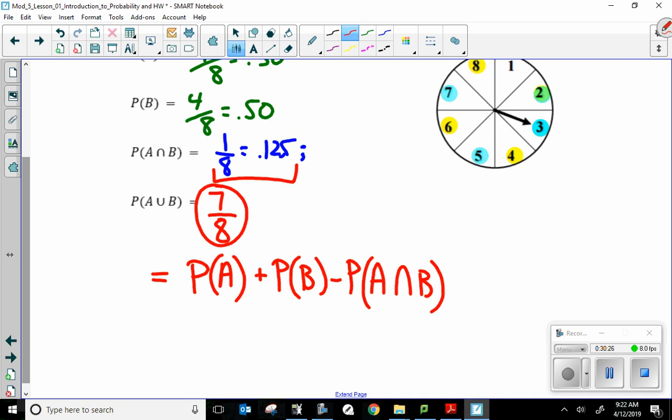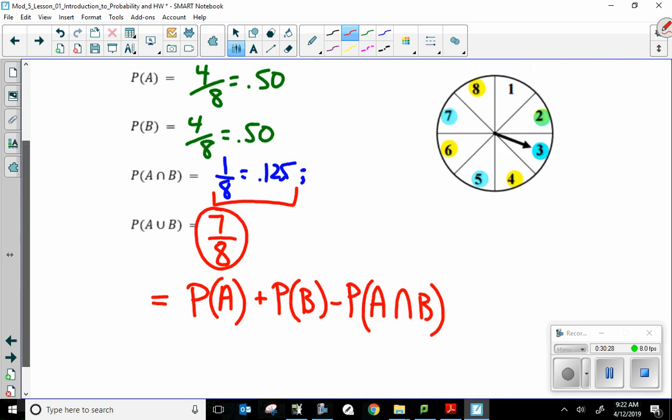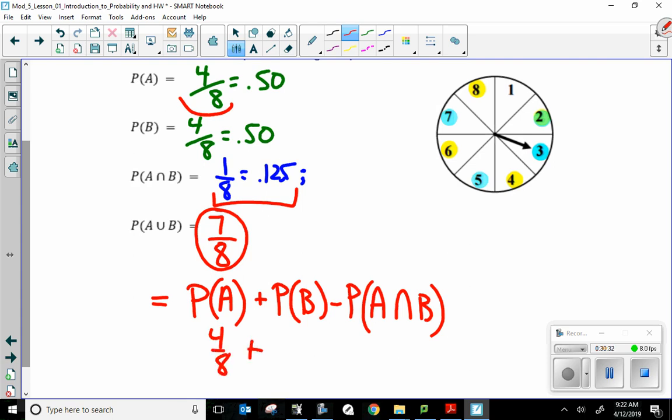The probability of A we came up with 4/8, plus the probability of B, which we came up with 4/8, minus the probability of A and B, which is 1/8. 4 plus 4 is 8, minus 1, 7/8. So this is money right here.